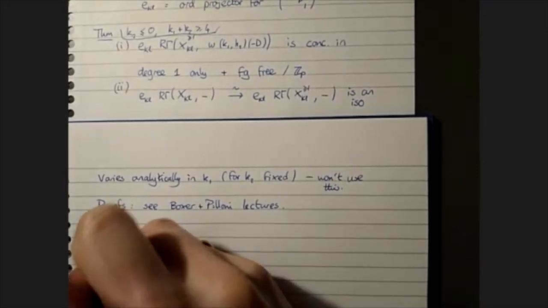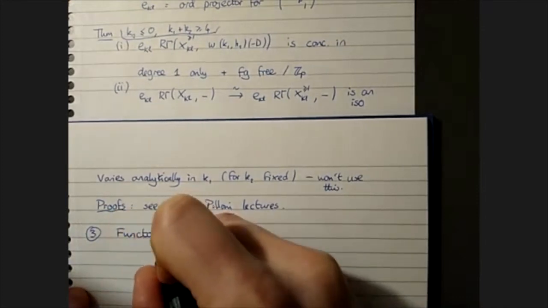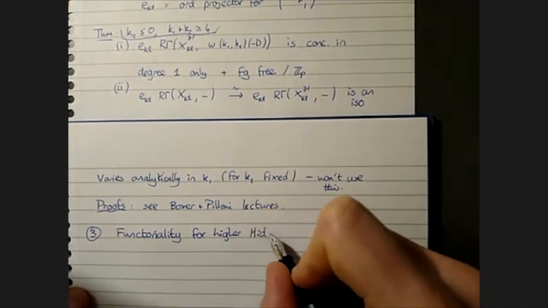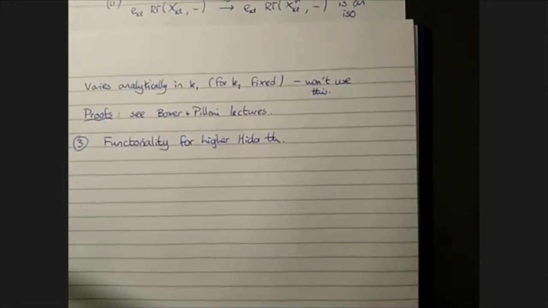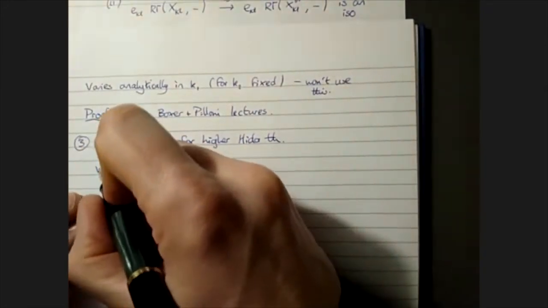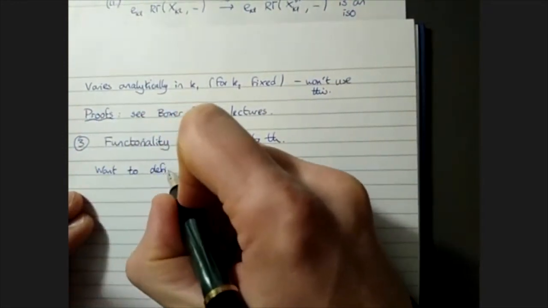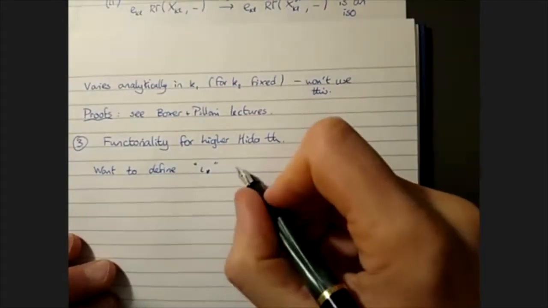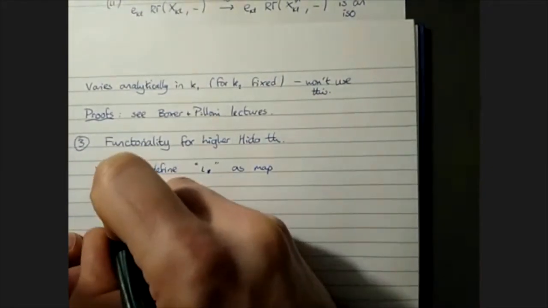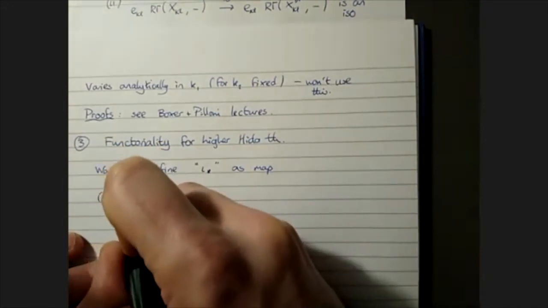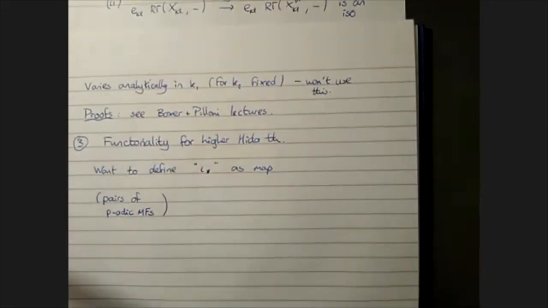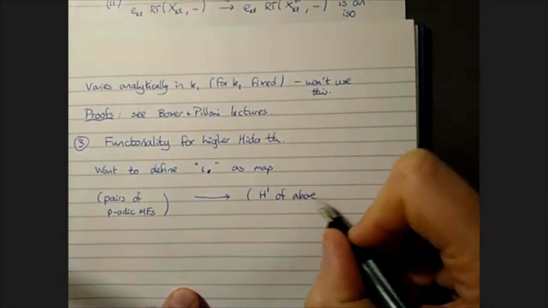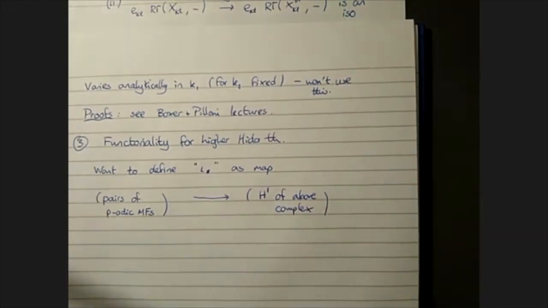So what we want to do is to find some sort of pushforward map, some sort of version of iota lower star, which should go from pairs of p-adic modular forms to H1 of the complex I described above.